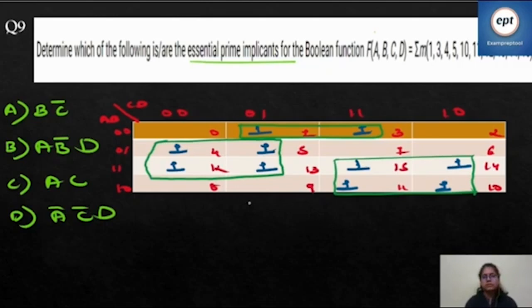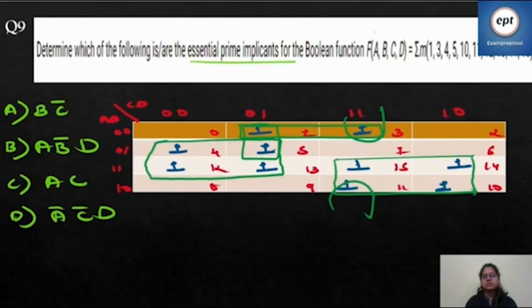But we will go for the maximum possible covering, and after that we can see which is the essential prime implicant. So this is also one block which we can cover. This is also a block which we can cover.